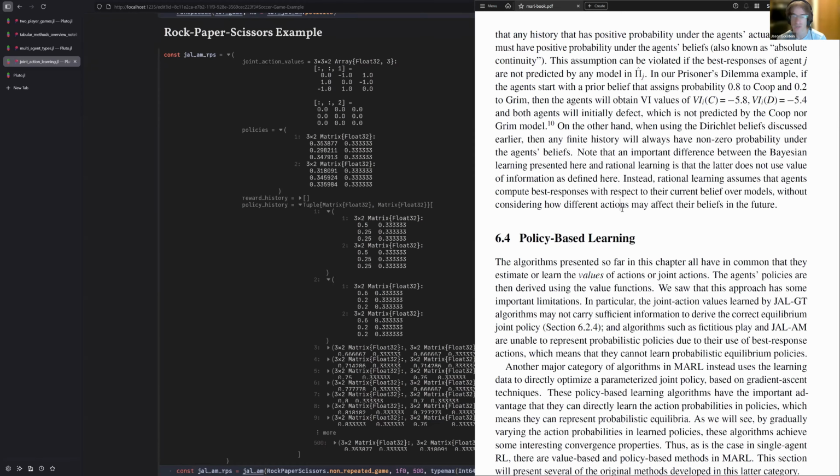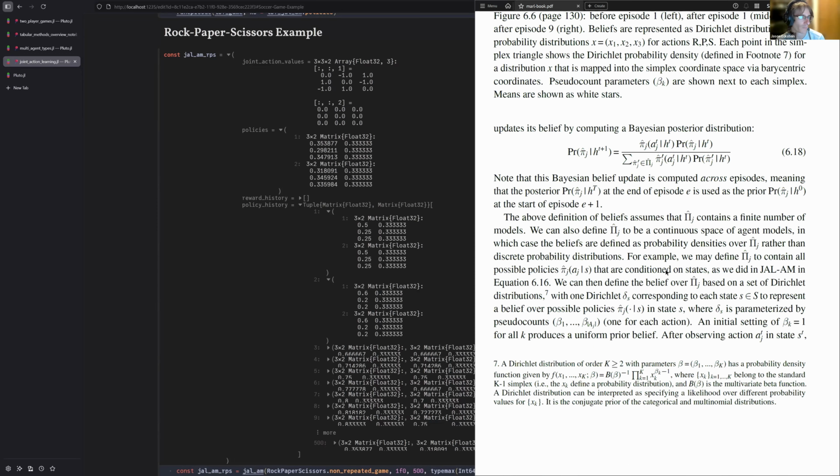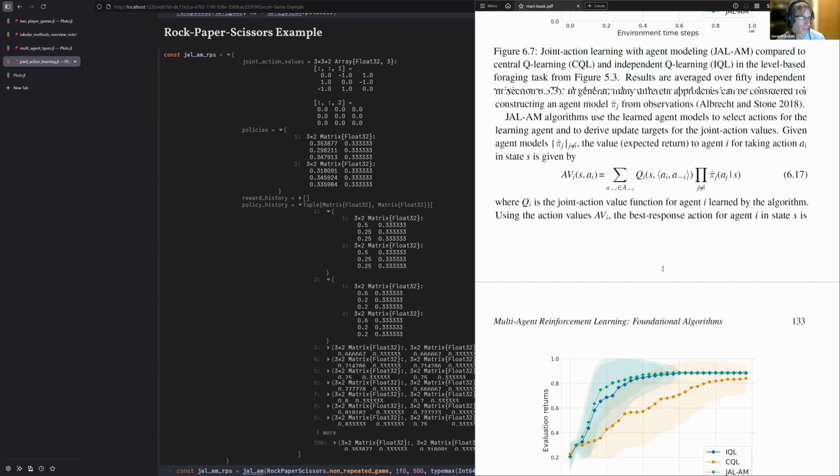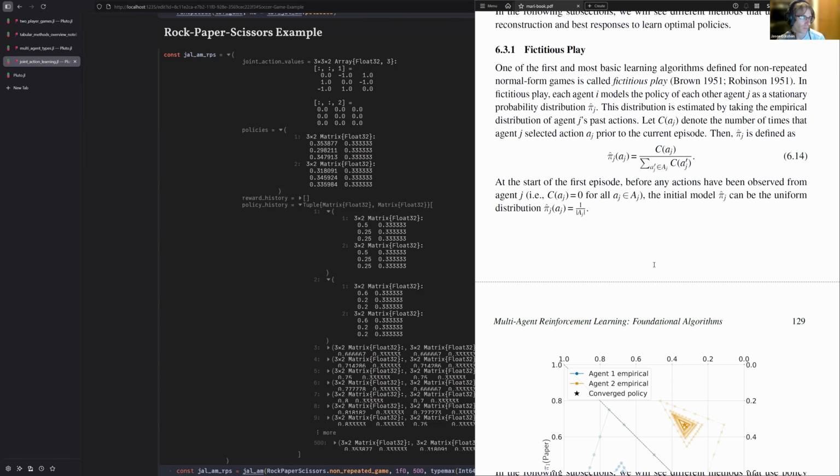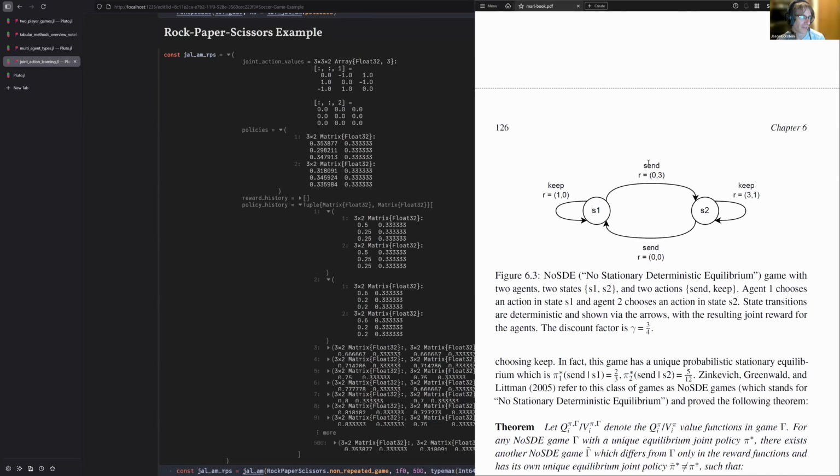Next time we'll look at algorithms that get past some of the limitations of joint action learning by explicitly trying to learn the policy, which also fixes the problem we had before with this pathological example where we have a stochastic game where the joint action values are not sufficient to learn the probabilistic equilibrium, right? So yeah, the policy-based learning will avoid some of those problems.